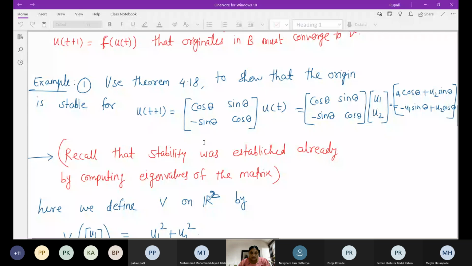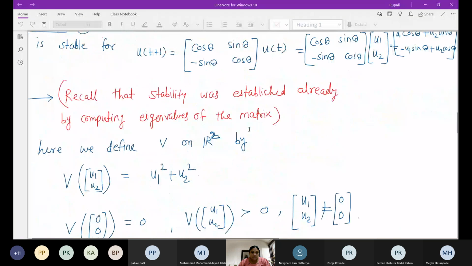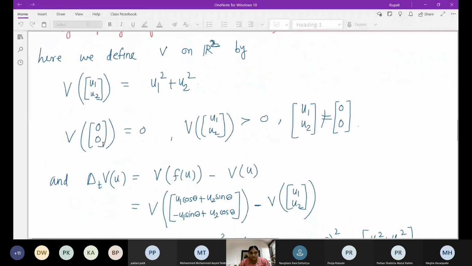system u at t plus 1 is equal to A u of t, where A is my matrix cos theta, sin theta, minus sin theta, cos theta. So here we have constructed a Lyapunov function V(u1, u2), because it is R^2 to R, V is defined on R^2, as u1 square plus u2 square, and we have shown that at the origin it is equal to 0.